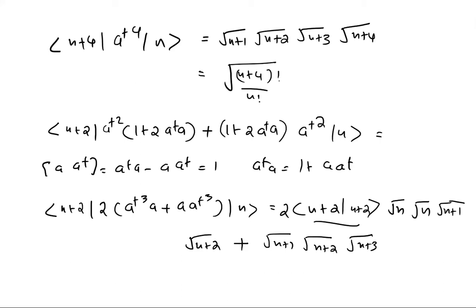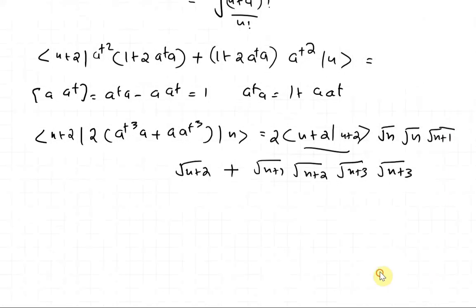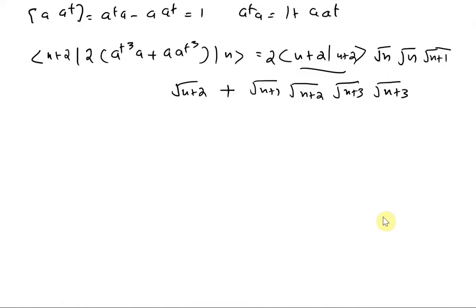So n plus 3 to n plus 1, a dagger acting on that operation, it will produce n plus 3. Okay, so just reducing that term will give you what we require. So this is actually 2 n root n plus 1 into n plus 2.